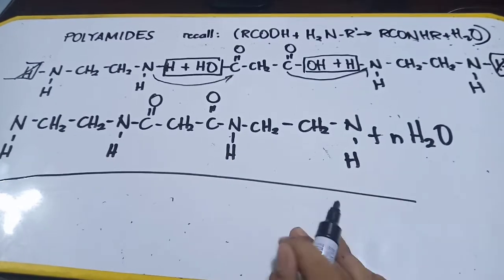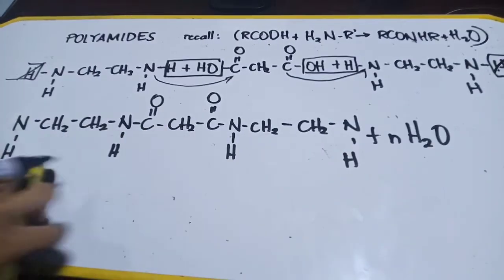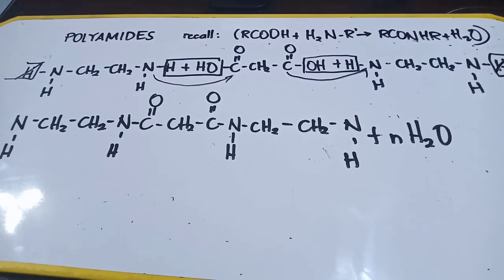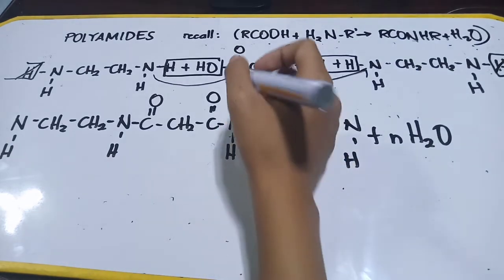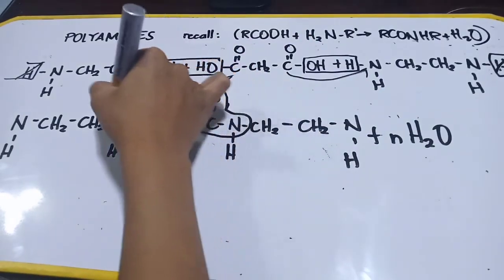Now this is our product. The next thing, just like the polyesters, we need to find the polymer notation. To find the polymer notation, we need to find the pattern of this. But first, let us find the amide linkage. Now this is the amide linkage.